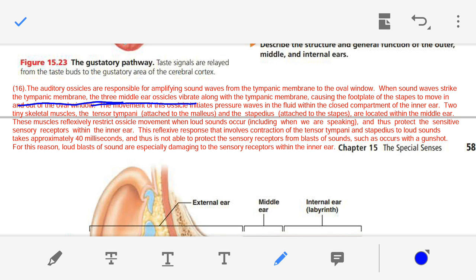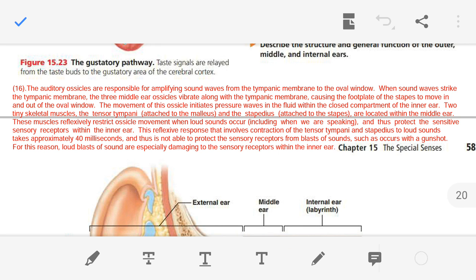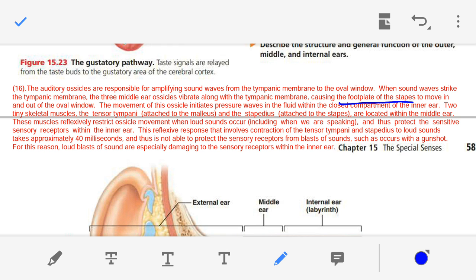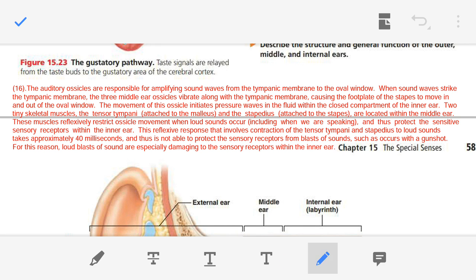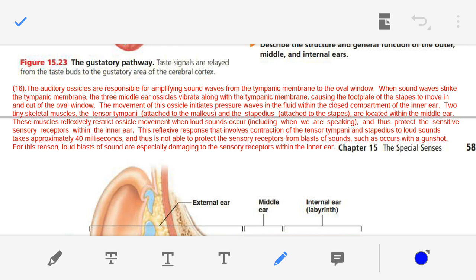So now finally the foot plate of the stapes is vibrating. This foot plate of stapes moves in and out of the oval window. This movement of the ossicles initiates a pressure wave in the fluid which is present in the inner ear. So we can say the movement of the ossicles is pressurizing the fluid present in the inner ear.